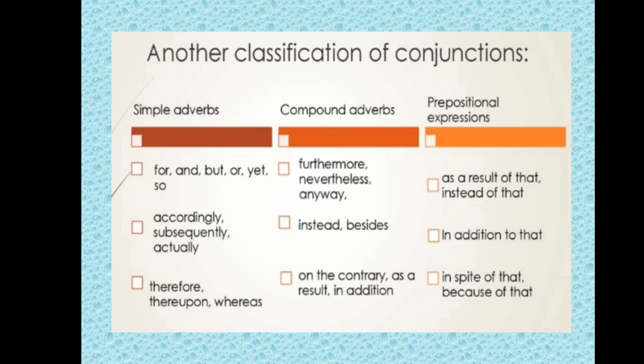There are furthermore, nevertheless, anyway, instead, besides, on the contrary, as a result, in addition. The last is prepositional expression. Ini ada 3. Yang pertama itu as a result of that, instead of that, and the second one is in addition to that. The third one is in spite of that, because of that.